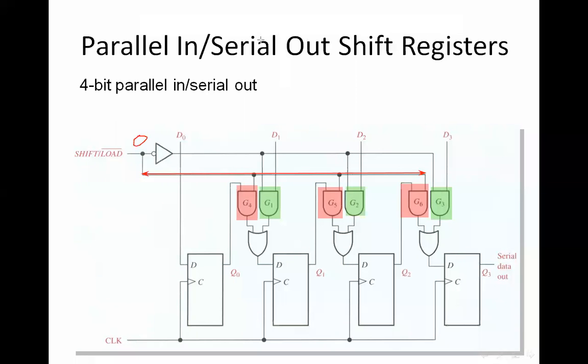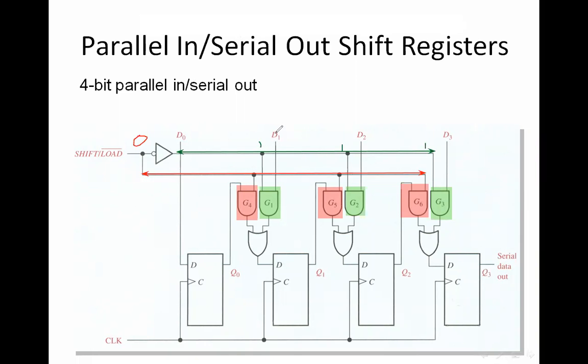Since this line becomes active, I have a 1 here, I have a 1 here, I have a 1 here. Once I have a 1, it will accept D1, D2 and D3.